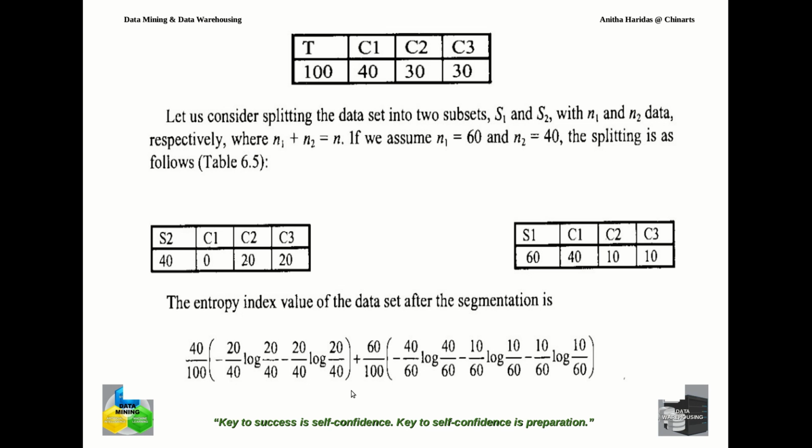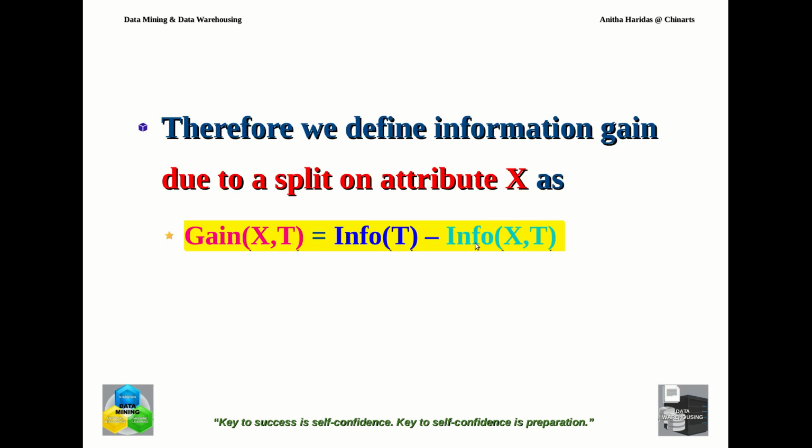So if I know how to calculate info of T and info of X comma T, I can define the information gain due to a split on attribute X like this, the difference between these two.